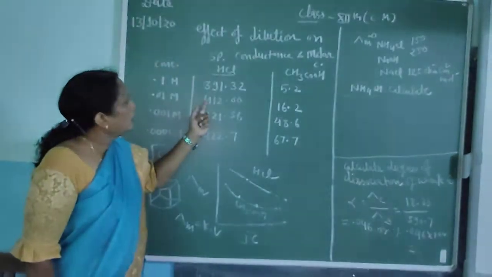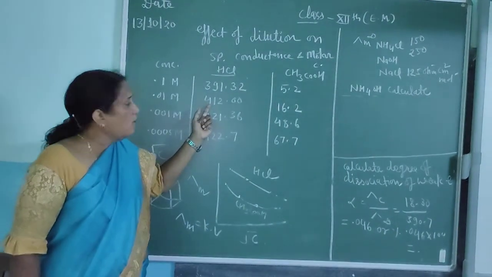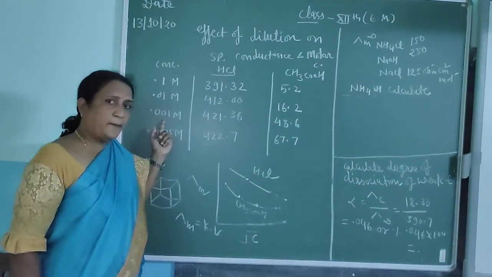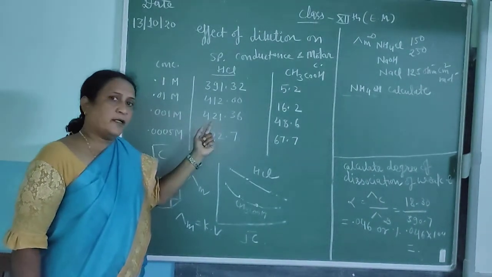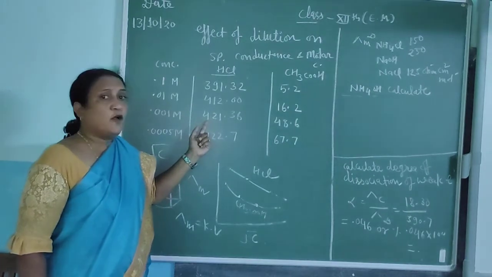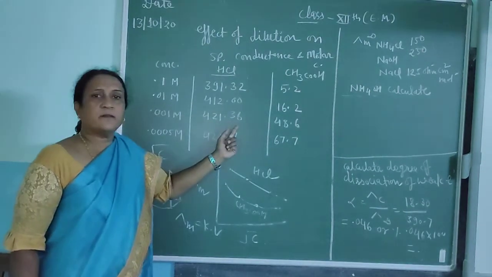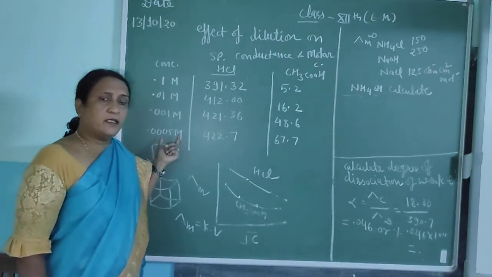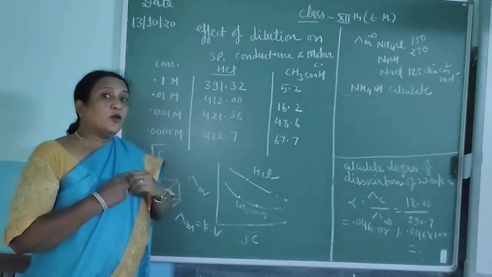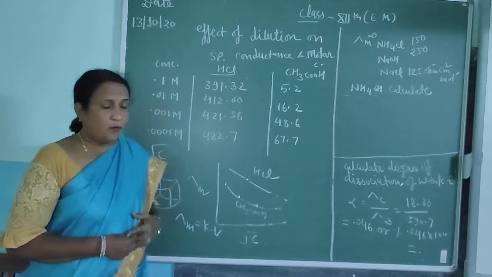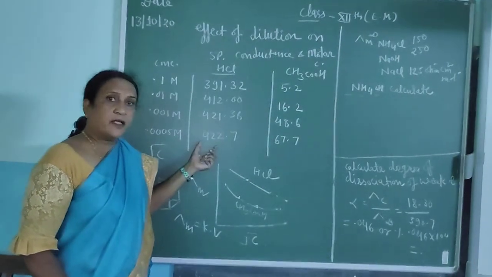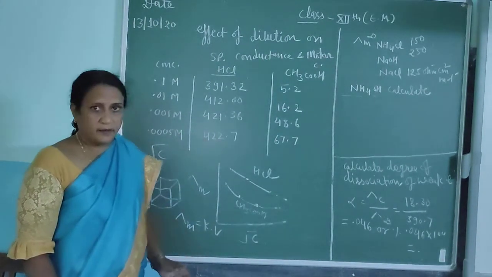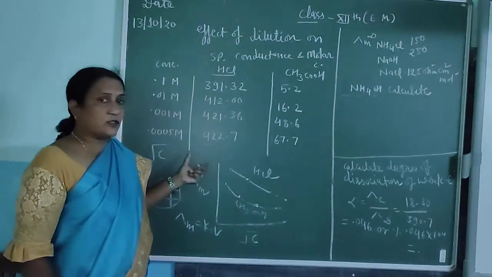What you are seeing? Molar conductance is increasing, 412. Again I increase the volume, and again molar conductance is increasing, that is 421.36. And again at infinite dilution, which means we cannot increase the dilution any more, the conduction done is maximum, that is 422.7. So this is the strong electrolyte.